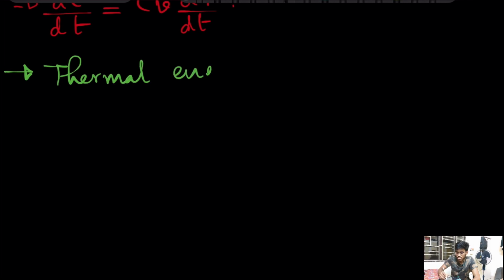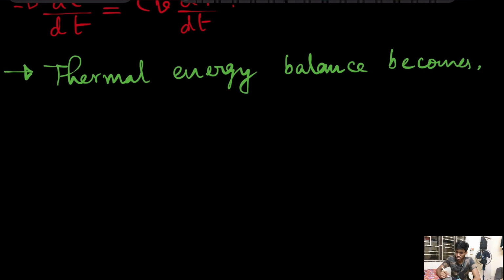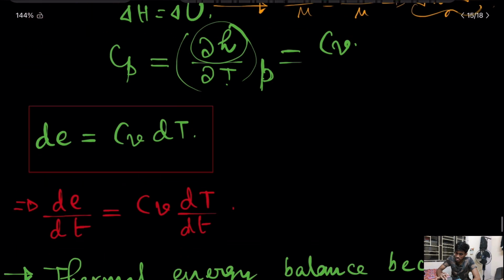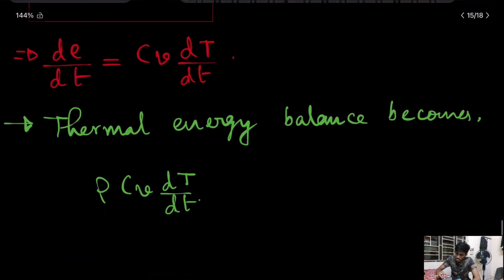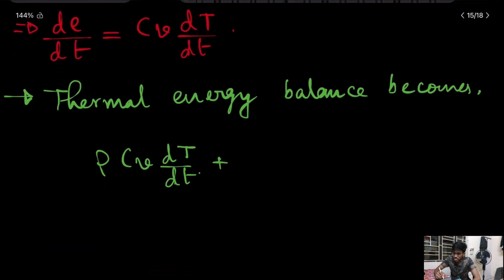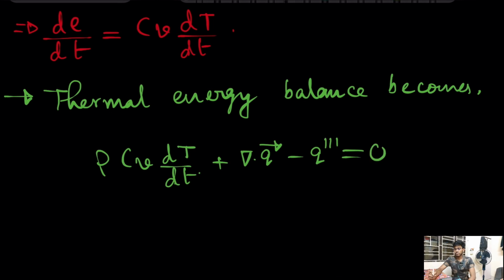The thermal energy balance becomes rho Cv dT/dt, right? I think I am correct, yes, because Cv dT is plus the divergence of the heat flux vector minus q triple prime is equal to 0, correct?